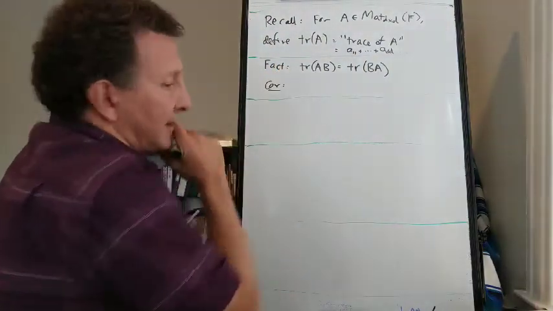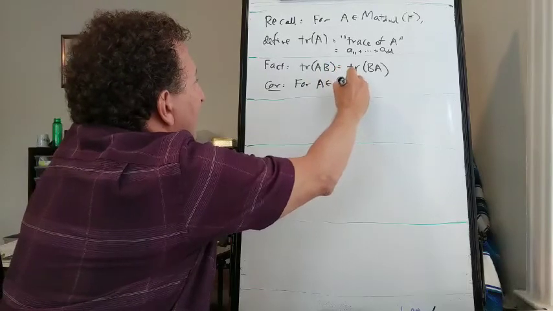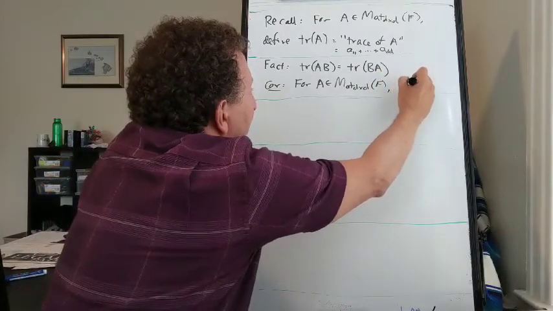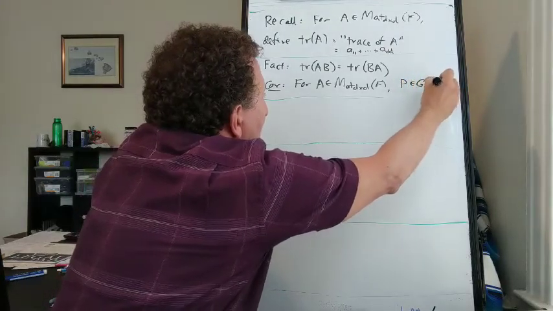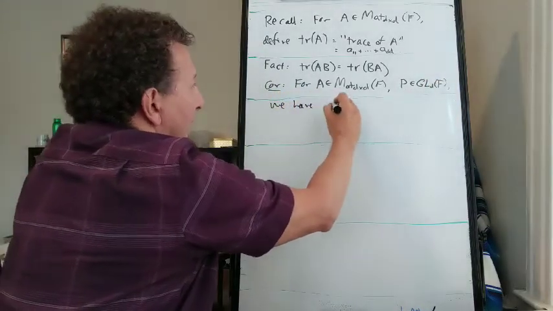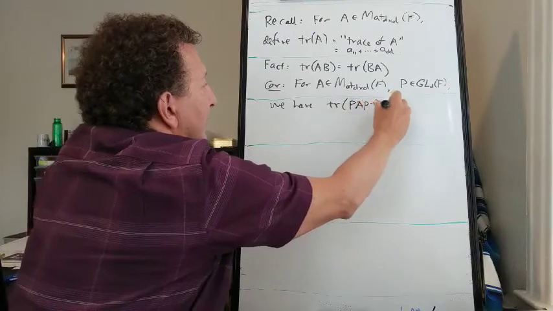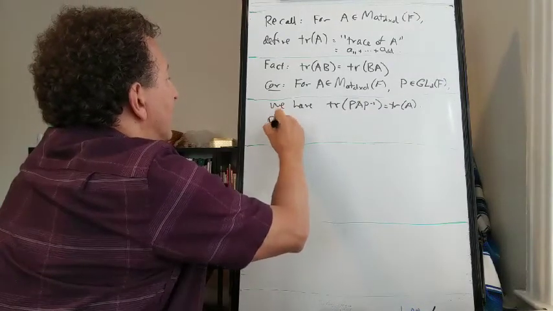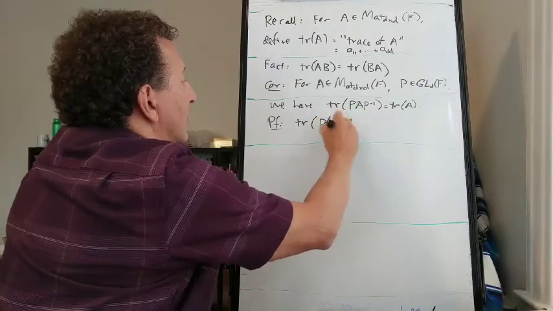And then a corollary of that fact is that if we have a D by D matrix A and an invertible D by D matrix P, then the trace of PAP inverse equals the trace of A. And that's because the trace of PAP inverse we could write like this.